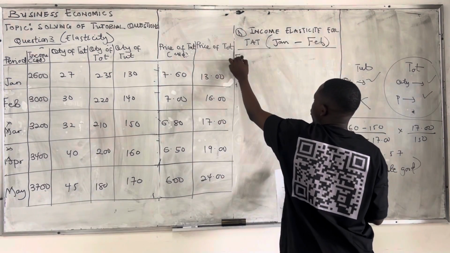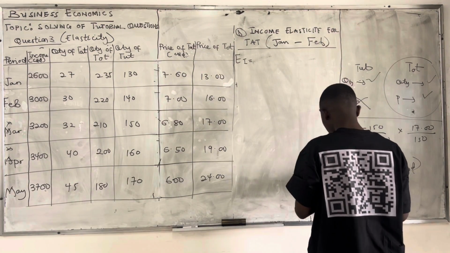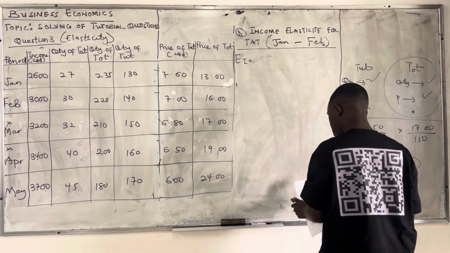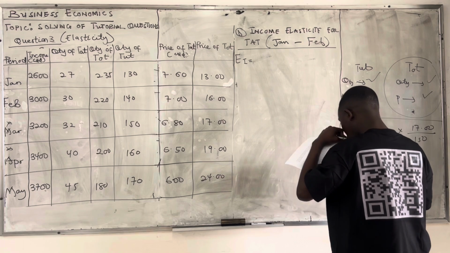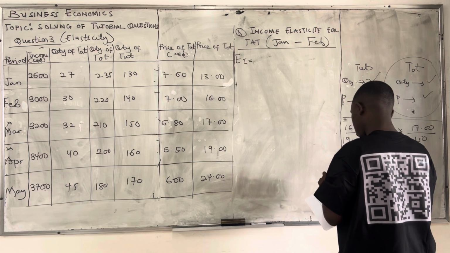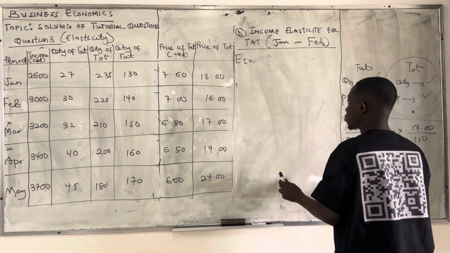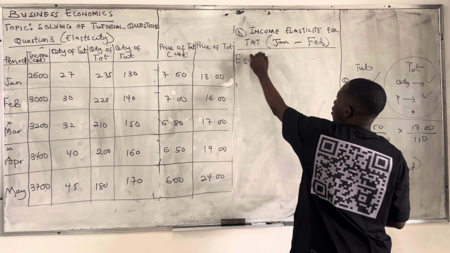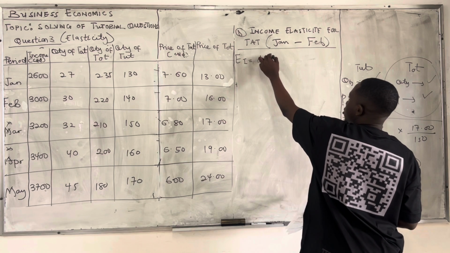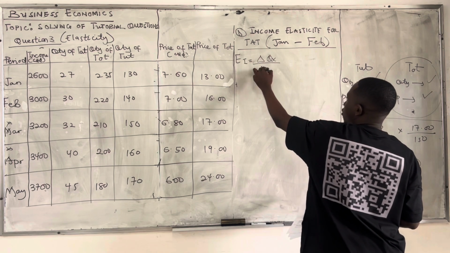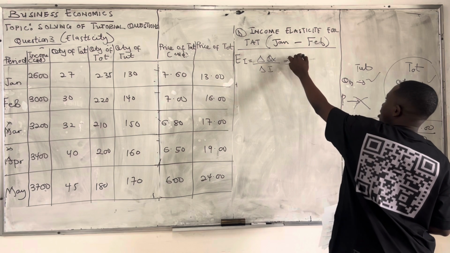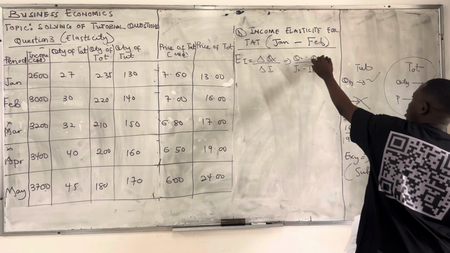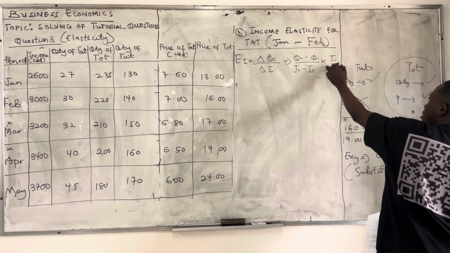So we move with our formula. The income elasticity is change in quantity over change in income, which is written as Q2 minus Q1 over I2 minus I1, times I1 divided by Q1.